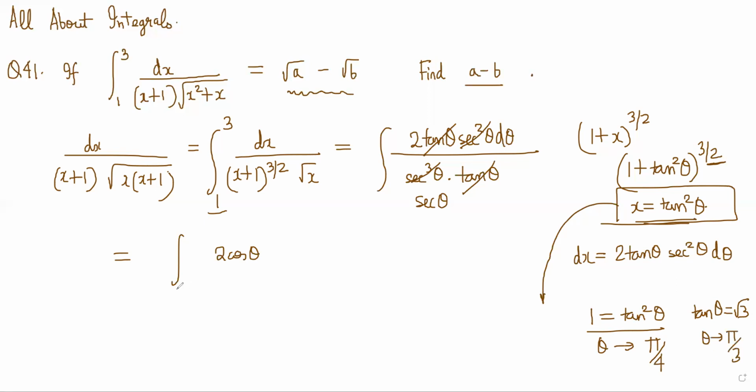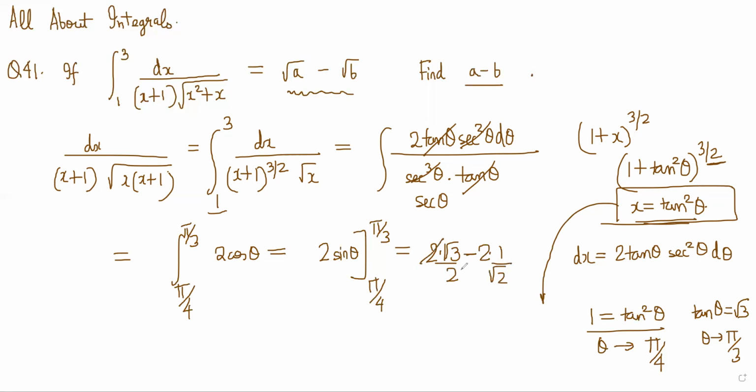So you can do the integral from pi by 4 to pi by 3, and that will give you 2 sine theta. You have to evaluate this from pi by 4 to pi by 3, right? So 2 into root 3 by 2 minus 2 into 1 by root 2. So this becomes root 3 minus root 2. So your a minus b is basically equal to 1, right?